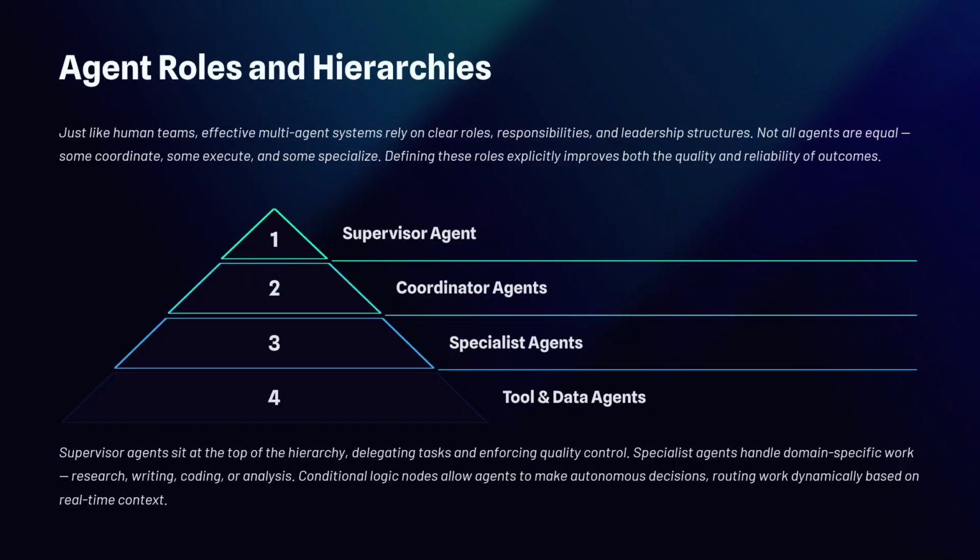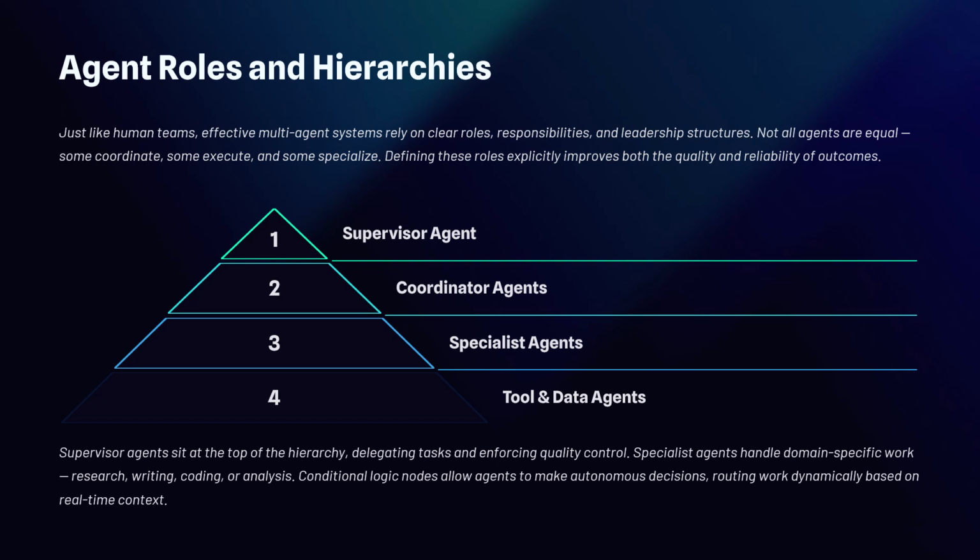Think about a multi agent AI system like a professional team working on a big project. Every team member has a specific role and responsibility. At the top, supervisor agents manage the entire workflow, assign tasks, and ensure the final output meets quality standards. Below them, coordinator agents organize communication and keep different parts of the system aligned.